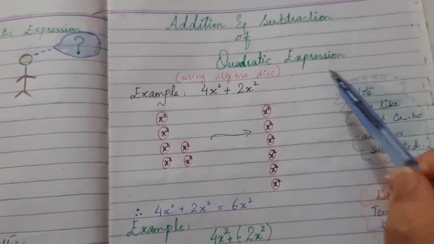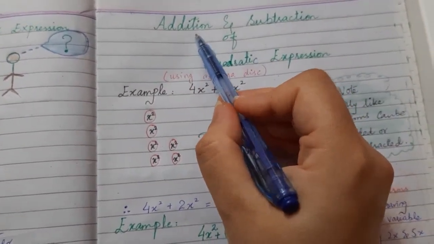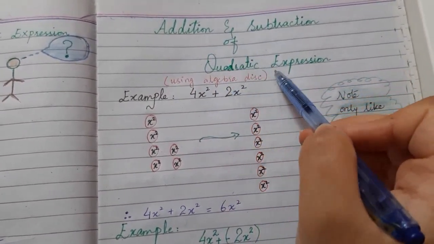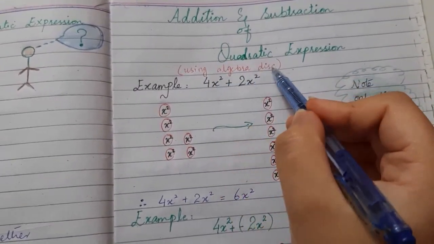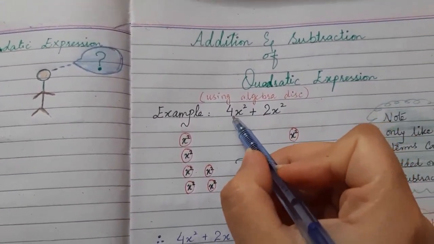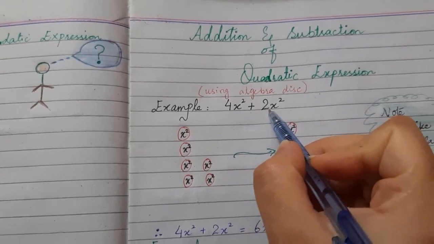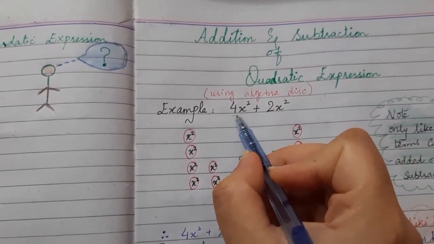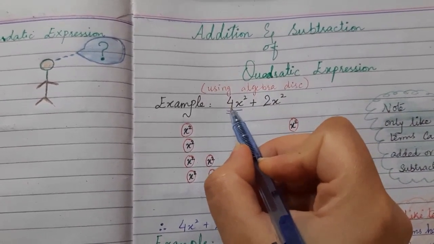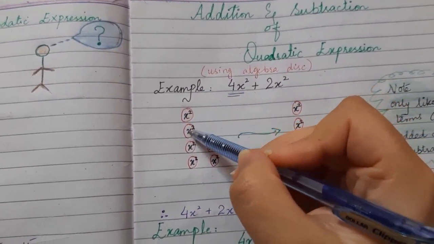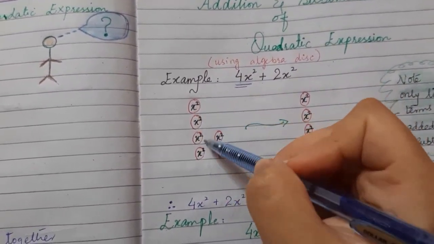Now we are going to discuss how we can do addition and subtraction of quadratic expressions by using algebra disks. So the question is 4x square plus 2x square. You have how many x squares? 4. It means that you are going to make how many discs? 4.